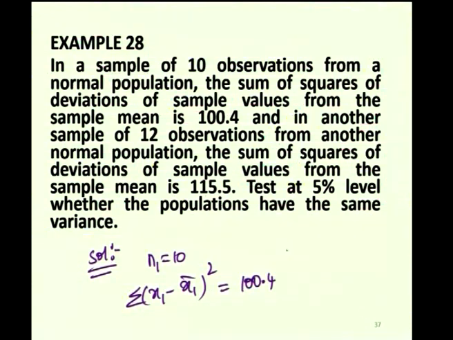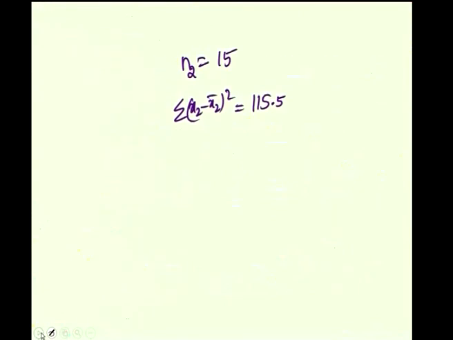Okay. So, N1 is equal to 10, and summation x1 minus x1 bar square is 100.4. Similarly, N2 is equal to 12 and summation x2 minus x2 bar whole square is equal to 115.5.